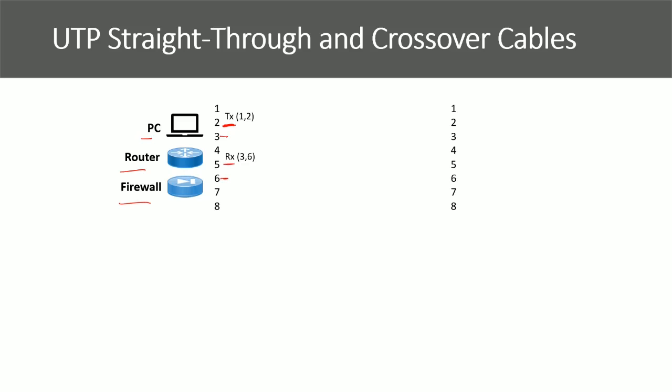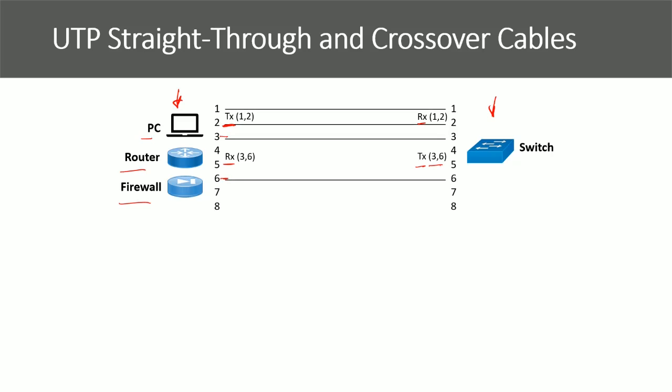RX means receiving. On the other end, let's assume we have a switch. Switches have a different pin assignment. Switches use pins 1 and 2 for receiving and 3 and 6 for transmitting data. So if we have this type of device on one side and a switch on the other side, in this case we can connect the cables this way, 1 2 to 1 2 and 3 6 to 3 6.